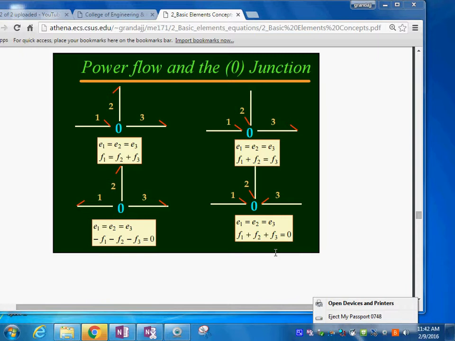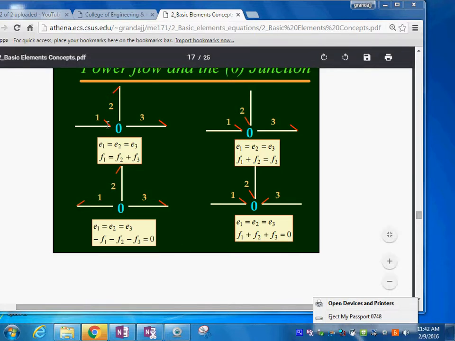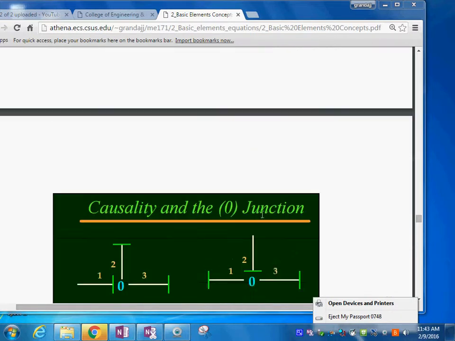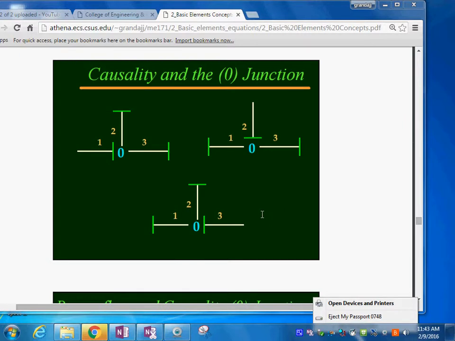This is the conclusion for the zero junctions. It is a common effort junction. All the efforts are the same. The sum of all the flows equals 0. There can only be one bond that sets the effort for all the others.